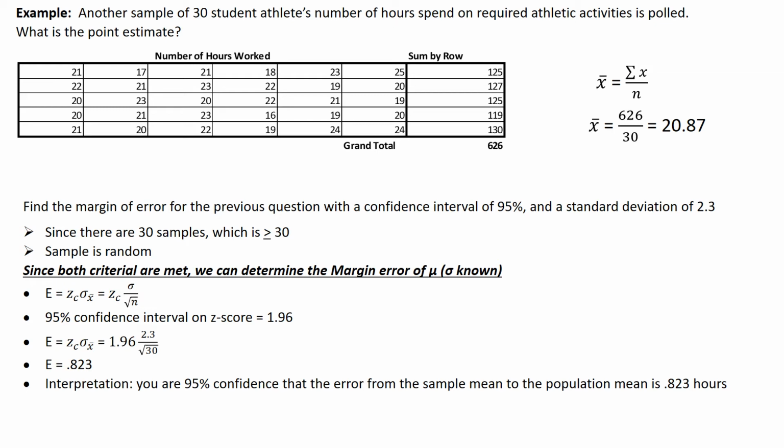And we know our z-score at 95% confidence is 1.96. We did that previously. 1.96 times 2.3 divided by the square root of 30, which is the number of samples, gets 0.823. So with this group of 30, instead of the 40 from the previous one, we now have a sample mean that has a 95% confidence interval with an error of 0.823 hours.